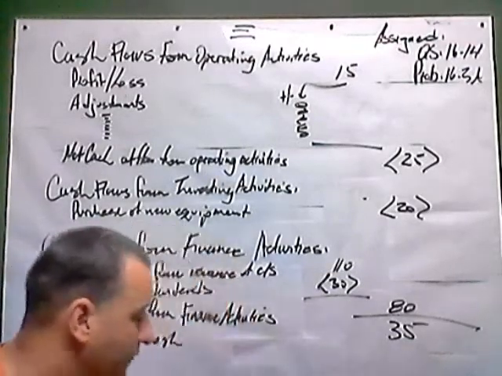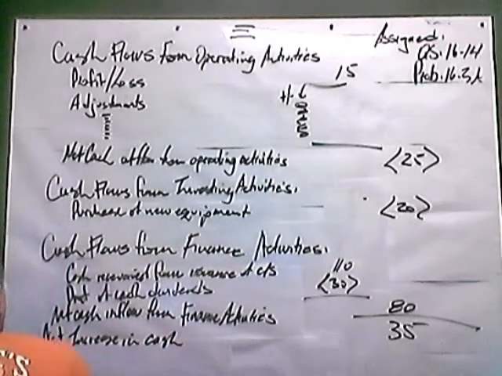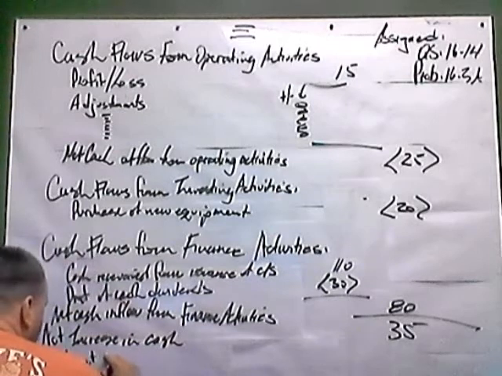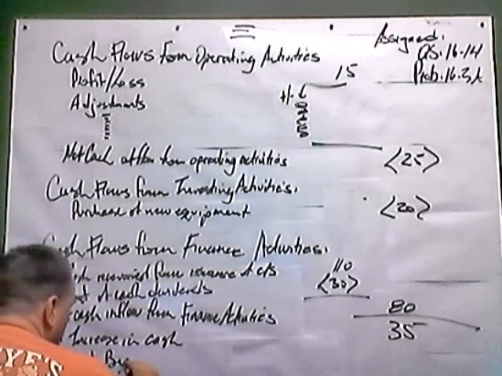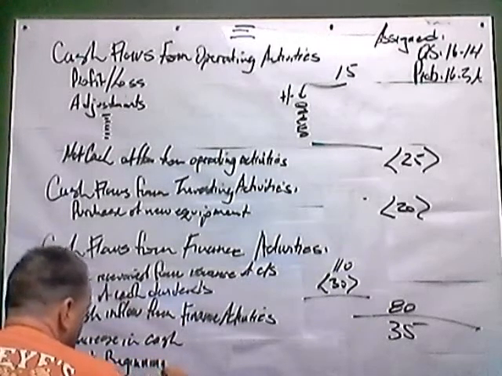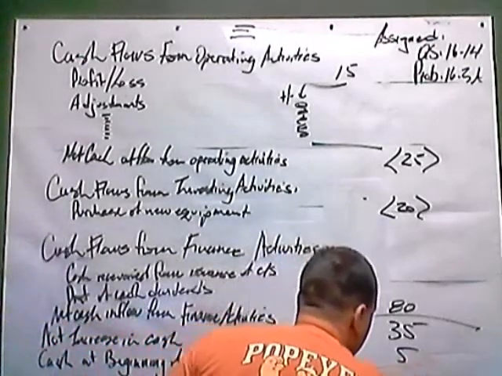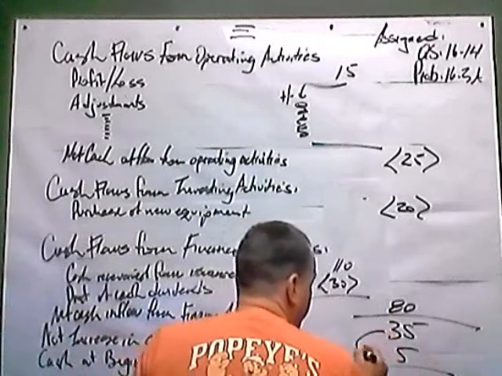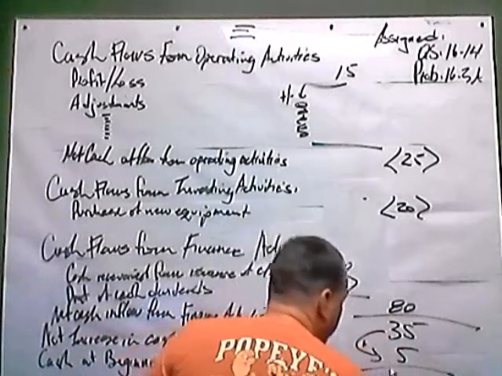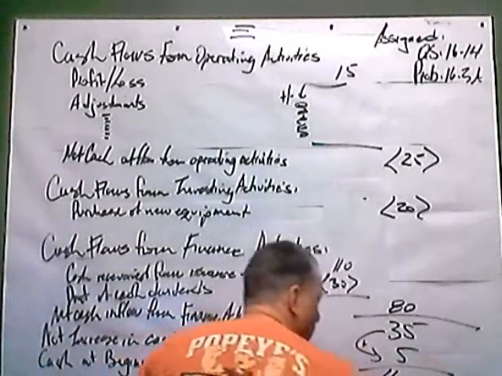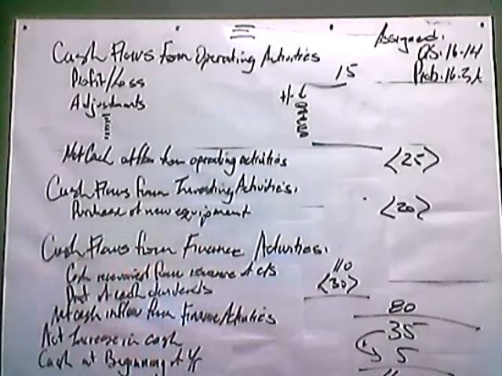Then we'll have our cash at the beginning of the year. It's 5. You add the 5, 35 plus the 5, you get 40, which is on your balance sheet. That's cash at the end of the year on your balance sheet.